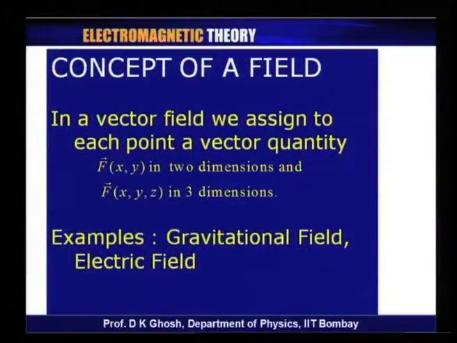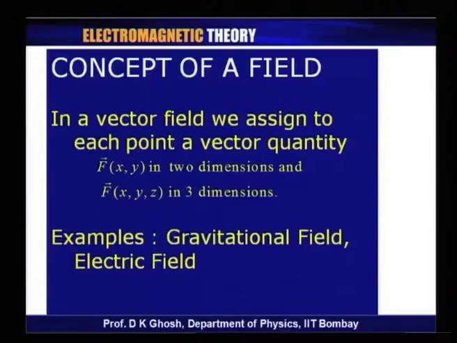Typically, supposing I am in 2 dimensions, then vector F is a function of x and y, and similarly in 3 dimensions, I would write the vector F as being dependent on the positions x, y and z. For our purposes, other than the gravitational field, the electric field and the magnetic field are examples of a vector field.